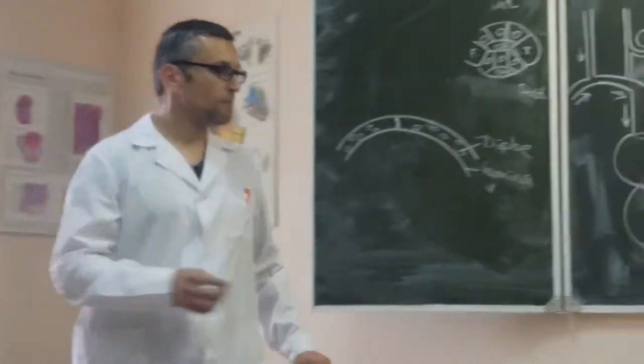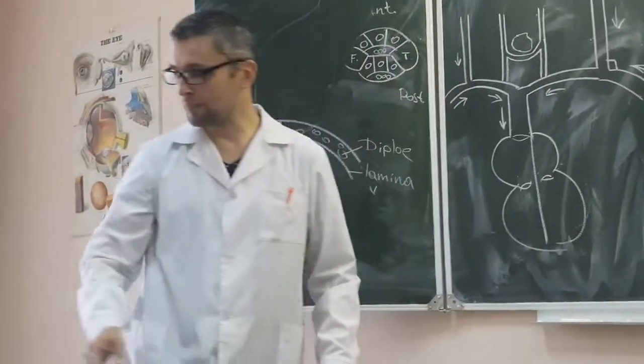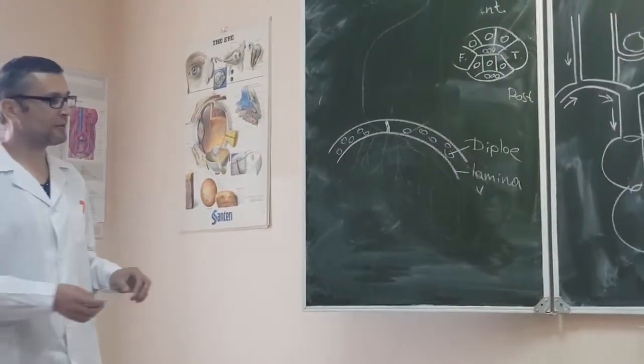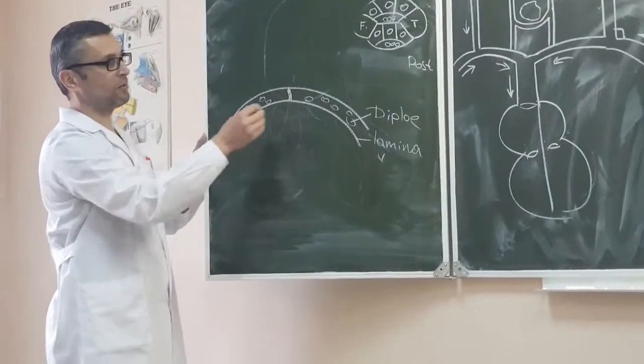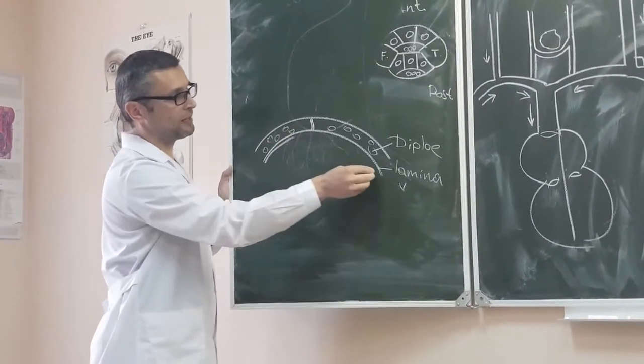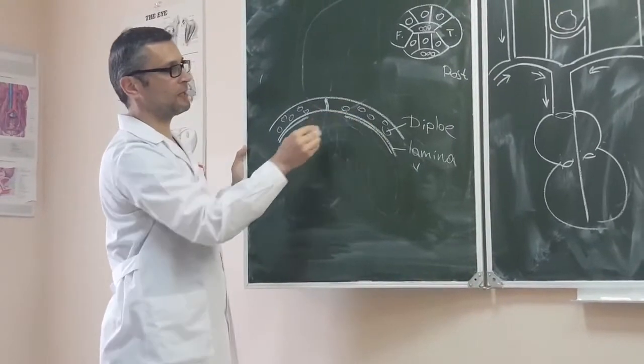Then there is dura mater. Dura mater is the coat of the brain, which covers the bones of the skull from inside and is very tightly attached to the skull bones, like that.